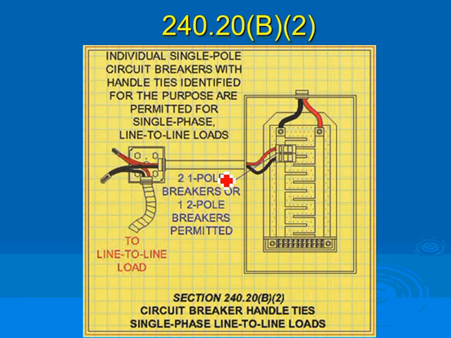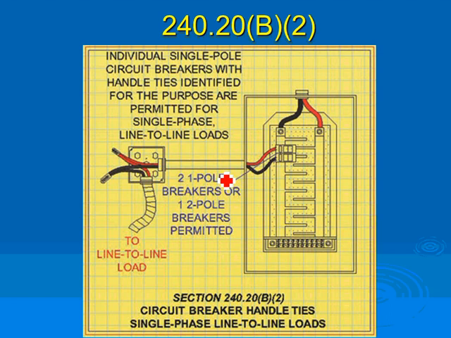Any comments, guys? Any questions? So you're looking at here, permitted for single phase line to line load. So I can take a 208 phase A, B, and go feed a range. Or a 240 phase A, B, or hot 1, hot 2, and go feed a range.